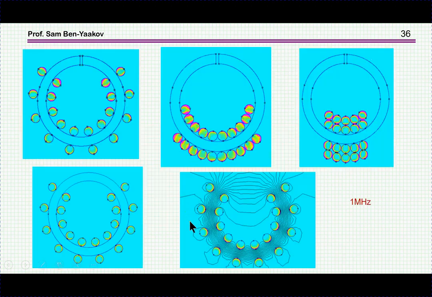Now, comparing then all the cases, we see here the spaced winding, the crowded winding, the 2 layers, and this is the ferrite, and this is now the air core. Obviously, the inductance of this structure will be much lower than here because the mu is much lower.